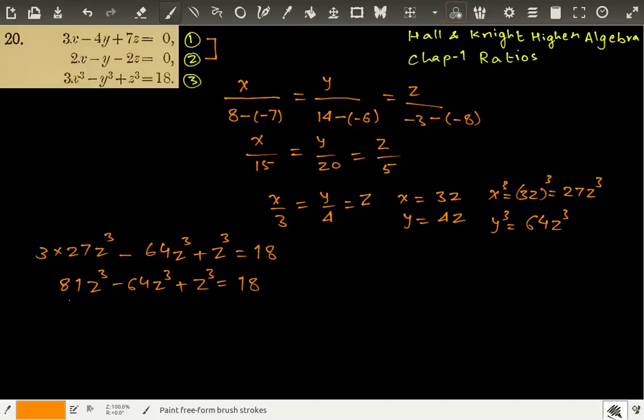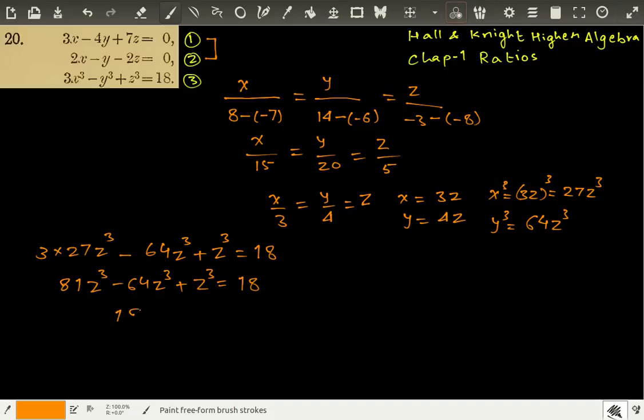So we have 81 minus 64. 81 plus 1 is 82. 82 minus 64 is 18.